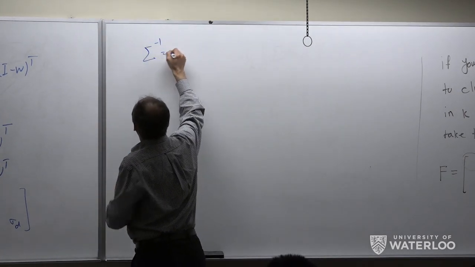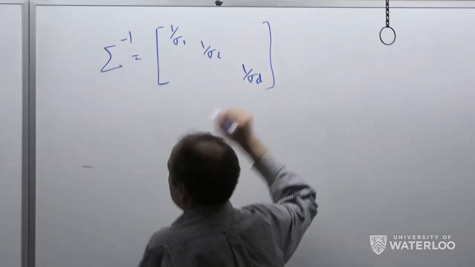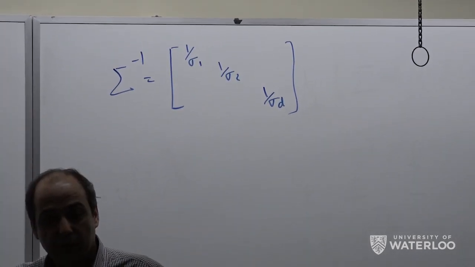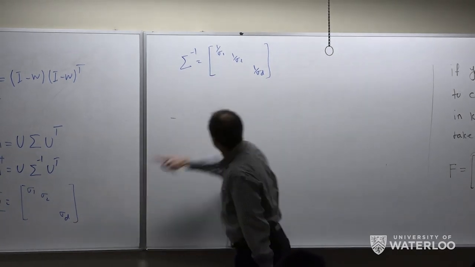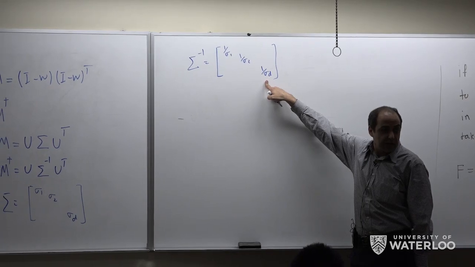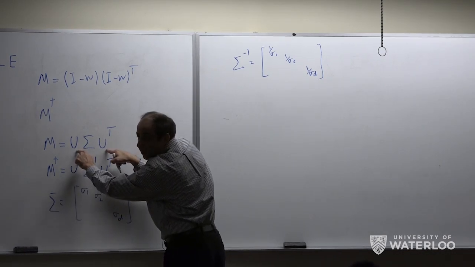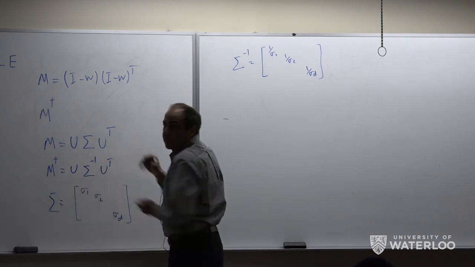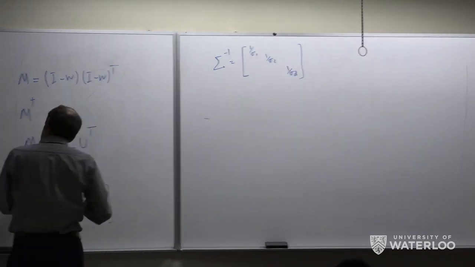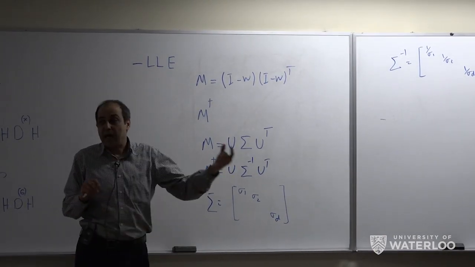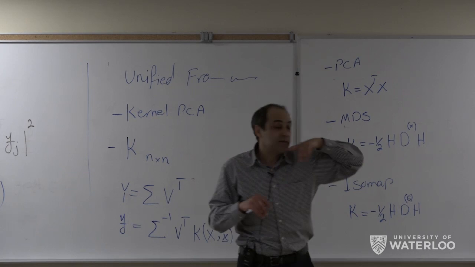So sigma inverse would be 1 over sigma 1, 1 over sigma 2, 1 over sigma d. So if sigma 1 is the largest eigenvalue, then 1 over sigma 1 would be the smallest one, and the smallest one becomes the largest one, right? So the set of eigenvectors is the same in M and M pseudo-inverse, but the order will be flipped because of the sigma inverse. So I can think of this M inverse or M pseudo-inverse as a kernel. It's a positive semidefinite matrix. I can think of this as a kernel.